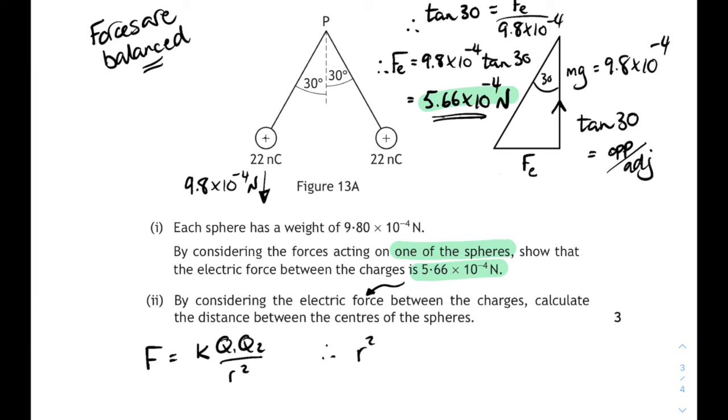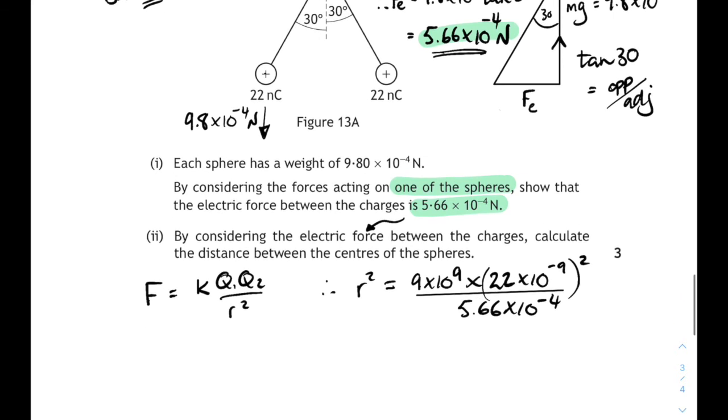So R squared is going to be equal to, let's just substitute our numbers in, so we can use the shortcut. K is 9 times 10 to the 9. The two charges are both the same, so it's 22 times 10 to the minus 9 squared, because they're multiplied by each other, and we divide that by our electric force that we were told, 5.66 times 10 to the minus 4.